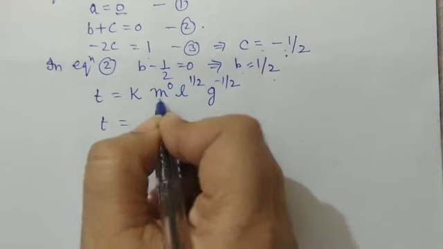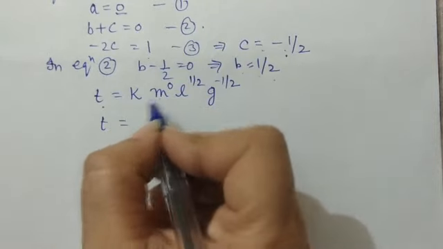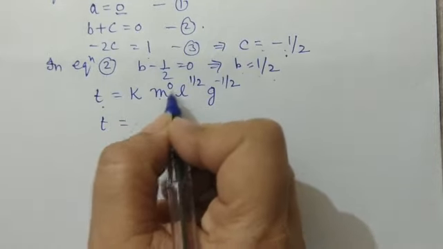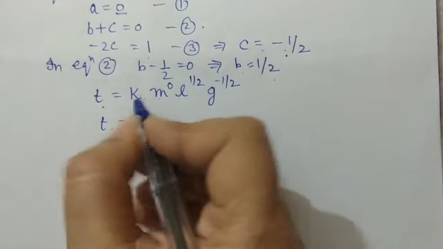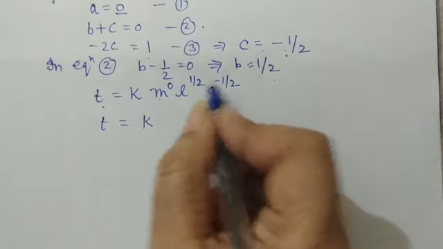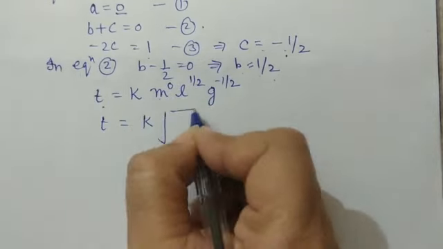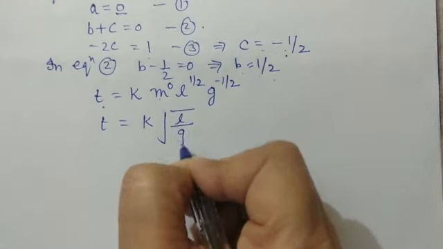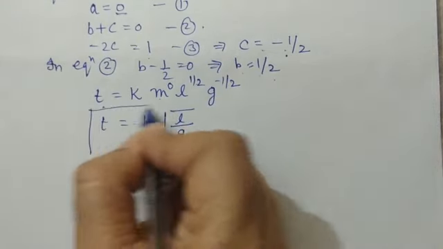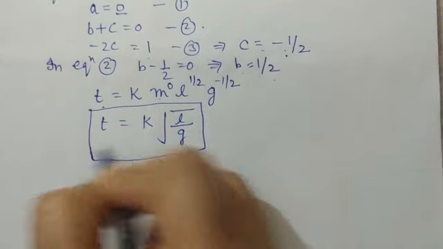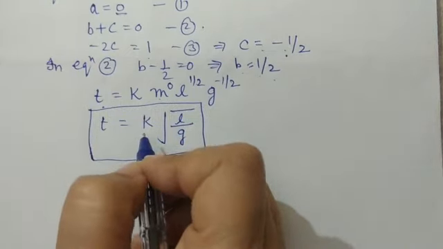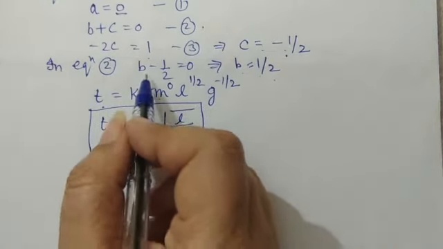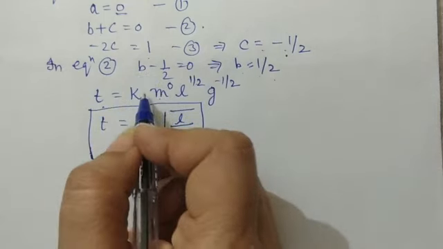So M is raised to the power 0. That means the time period does not depend upon mass. Mass is not there in the formula. So T equals k times square root of L upon g. This is the formula for the time period of a simple pendulum. The value of k, that is a constant, cannot be calculated by the method of dimensions.